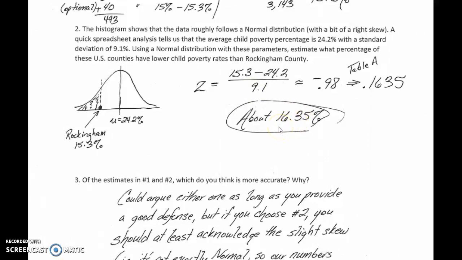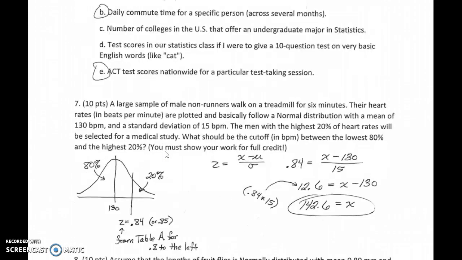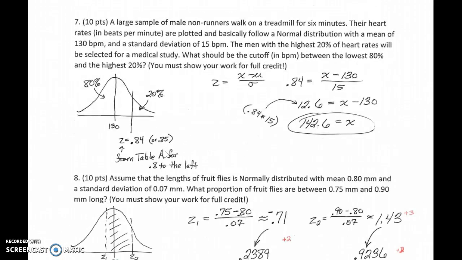But we can't trust it just because we're using numbers here. We do have to recognize that our calculations are based on a perfect normal distribution. And by the way, if you had changed these to decimal equivalents, 0.153, 0.242, 0.091, you would also get this exact same z-score.